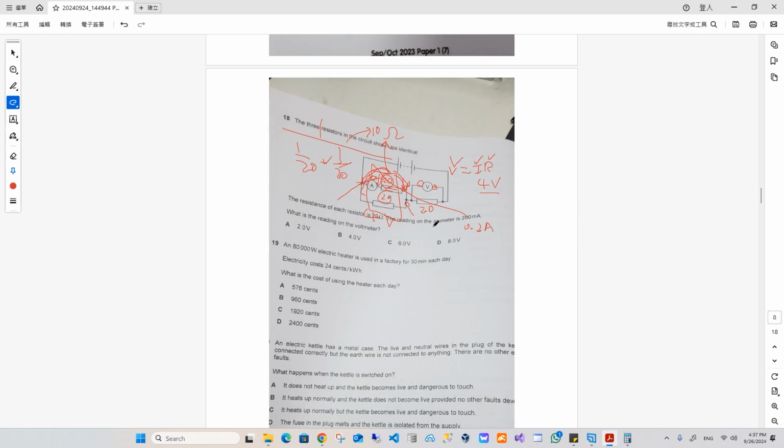This is 20 ohm. So the potential difference, because V equals IR, so I equals V over R. The I through here will be the same as the I through here.